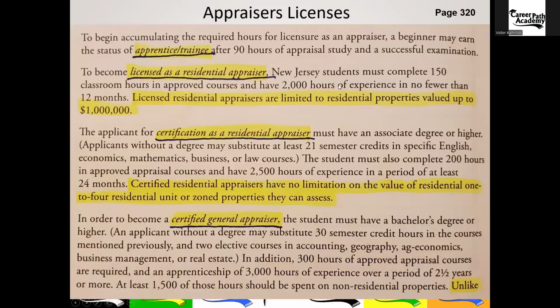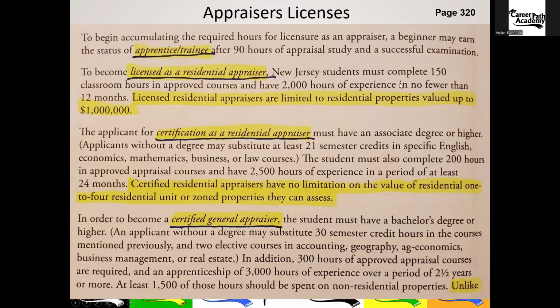All right, so appraising is a profession that requires licensing, and you start off first as an apprentice trainee. You have to take a 90-hour class and pass an exam to become an apprentice trainee. And then you got to work as an apprentice trainee for a while before you could become a licensed residential appraiser.